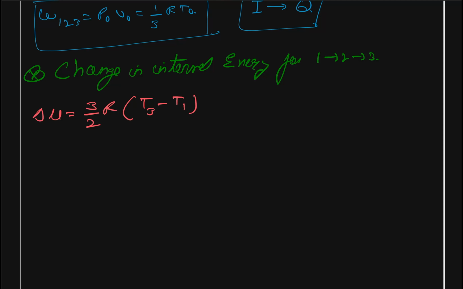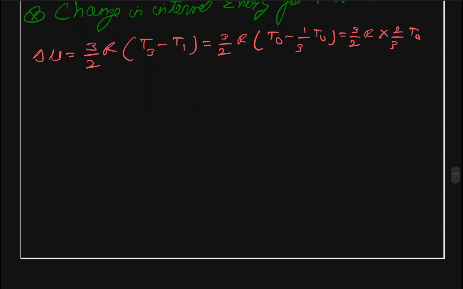And this gives us 3 by 2 R, and we have T0 minus 1 by 3 T0. This gives us 3 by 2 R multiplied by 2 by 3 T0.